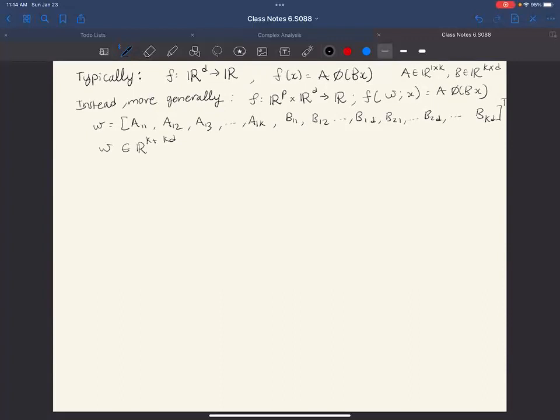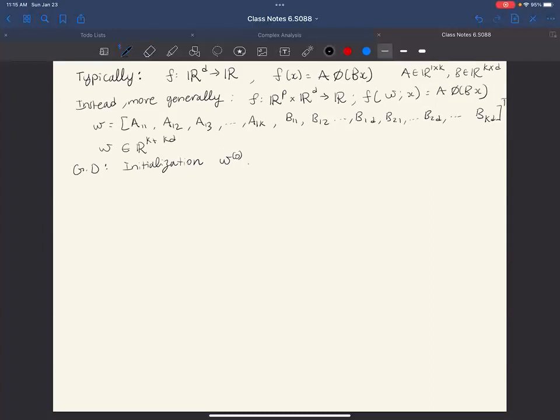So why is this now useful? Well, one simple trick that we can do, remember that gradient descent always starts with some initialization, W naught, and then updates the parameters via these iterative steps.